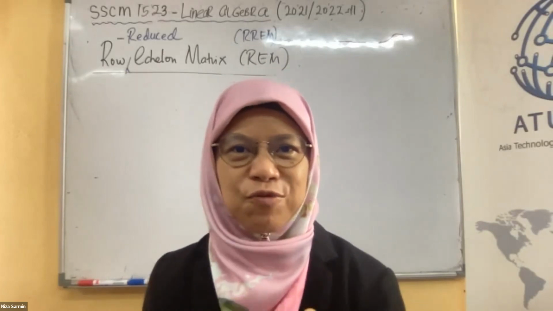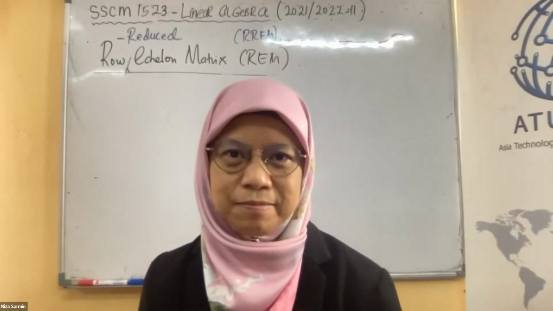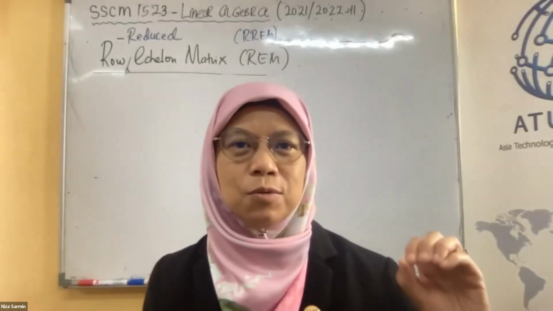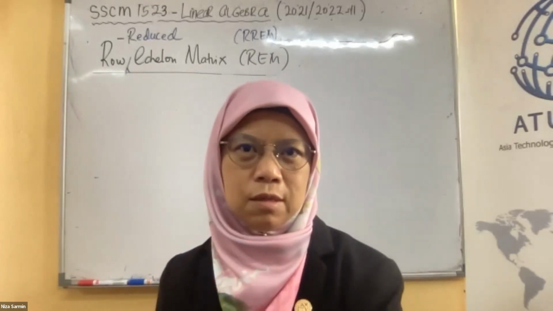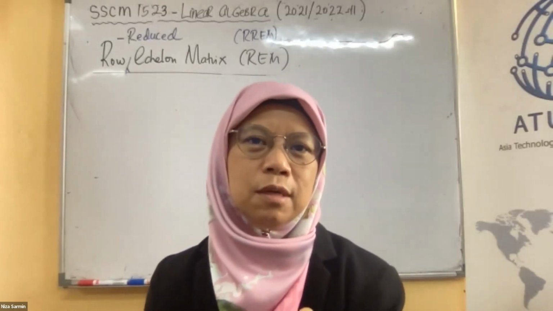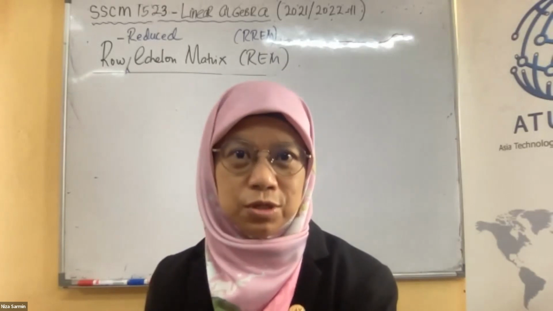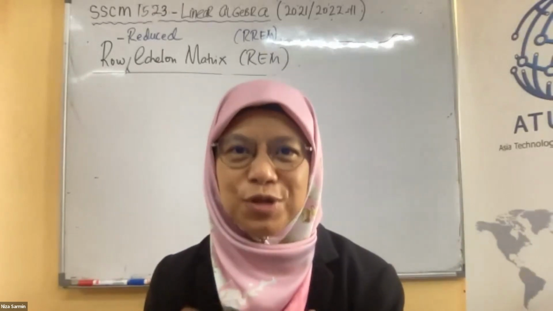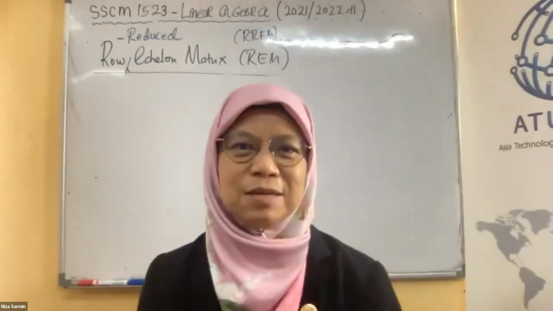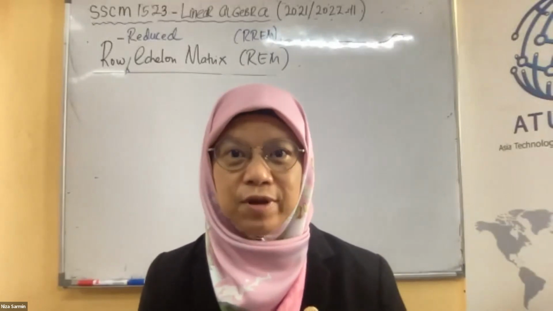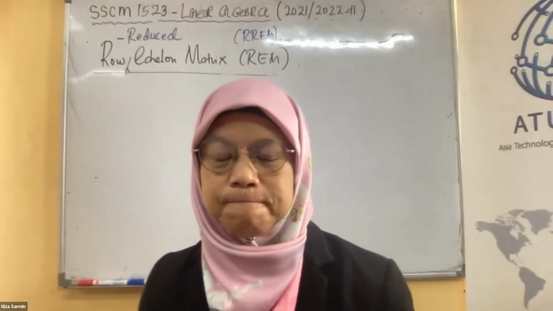Your operation and your friend's operation might be different. But we want to go to the row echelon form or row reduced echelon form, and they are also not unique, so your answer might be different from your friend's depending on your operation.